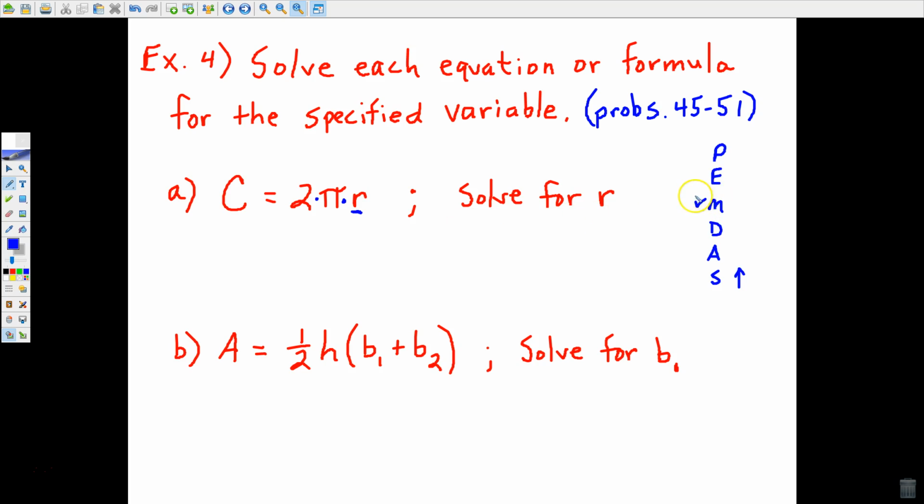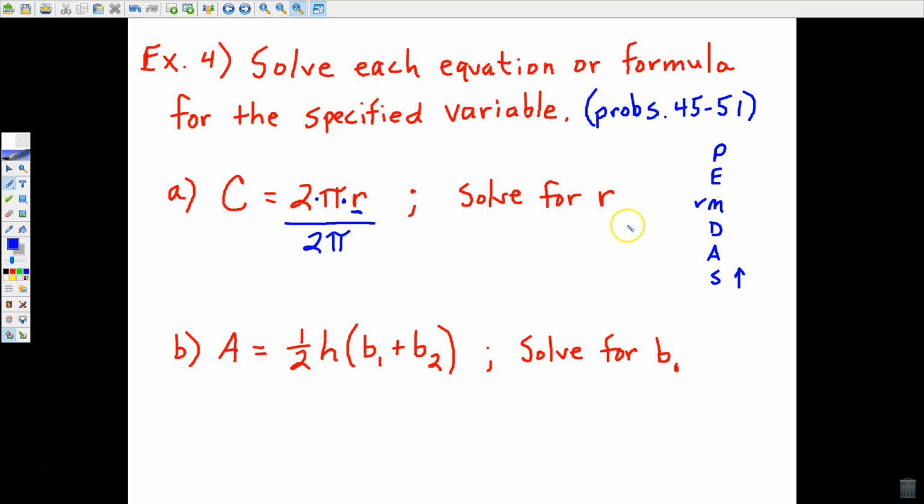How do I undo multiplication? With division. And you could take 2 steps to do this. You could divide by 2 first, then divide by pi. But since they're both being multiplied, let's just undo both of them at the same time with division.